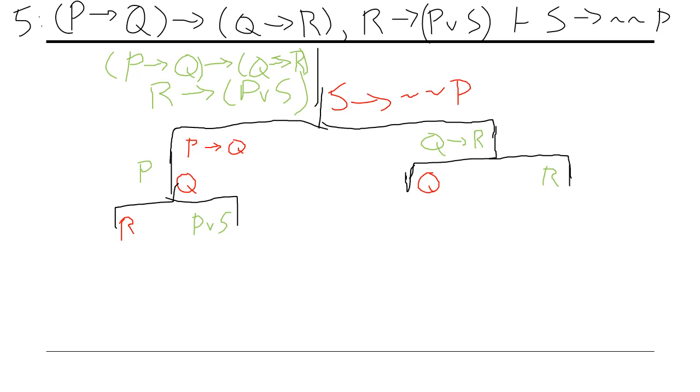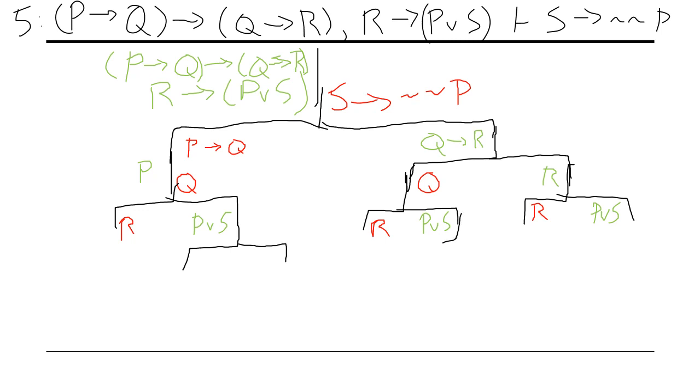Same thing on these other branches. P, S. Then we've got to do something about that P or S. What makes a wedge true is if one of them is true, so we got to branch it out again.